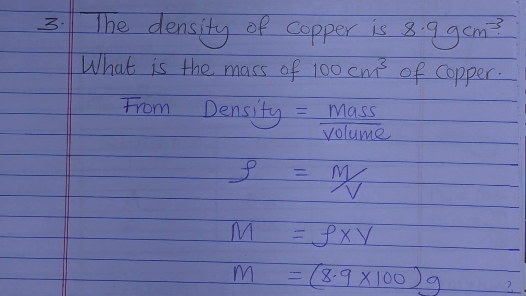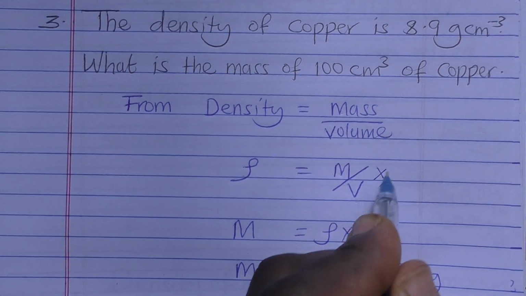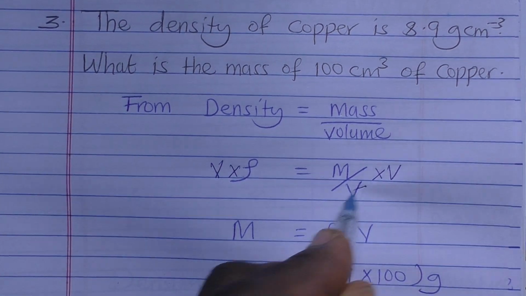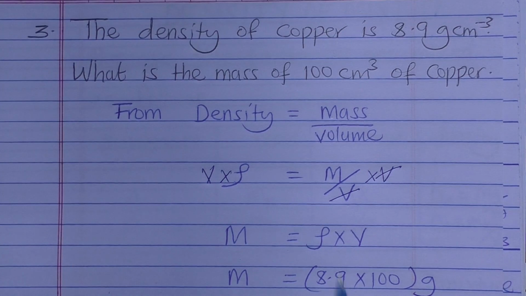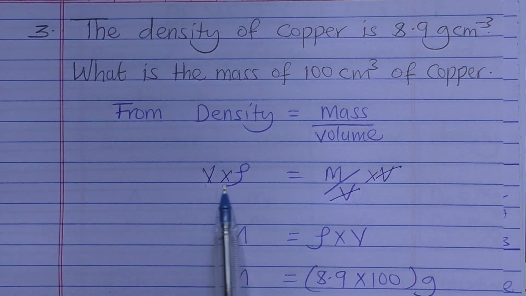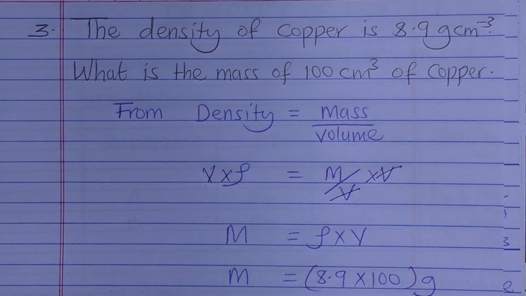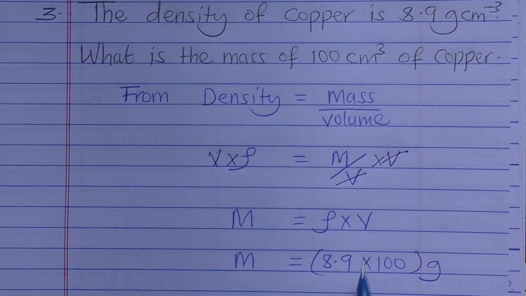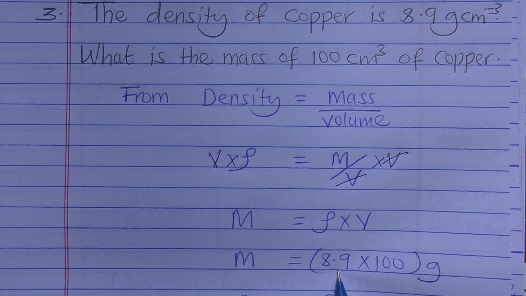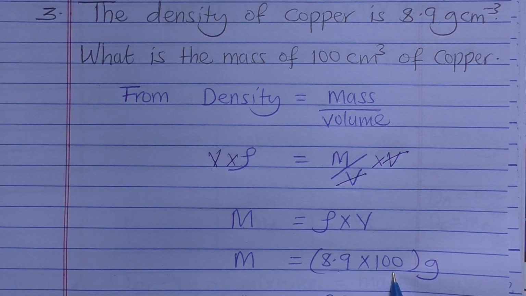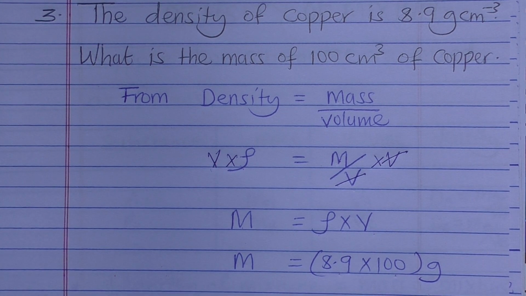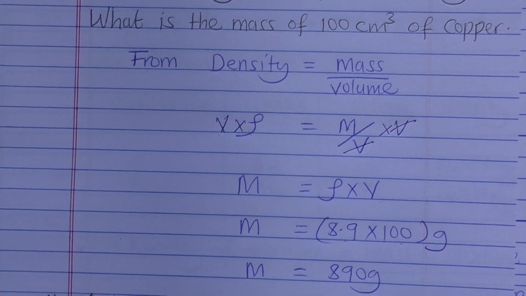When we multiply through by volume, this one will cancel out, so that we get mass as volume times density. Therefore, our mass is given as density times volume, and now we shall multiply the density, which is 8.9, and the volume to get mass in grams. That is our example 3.